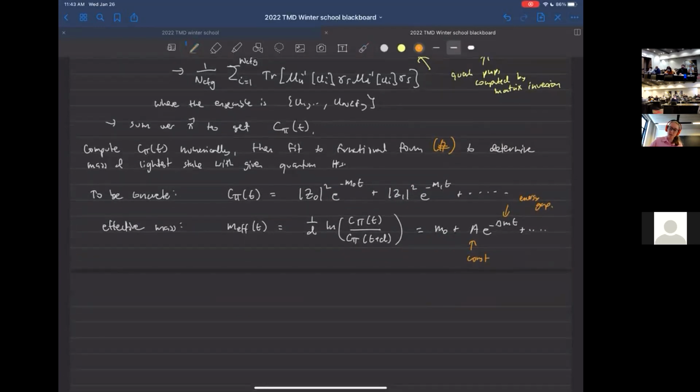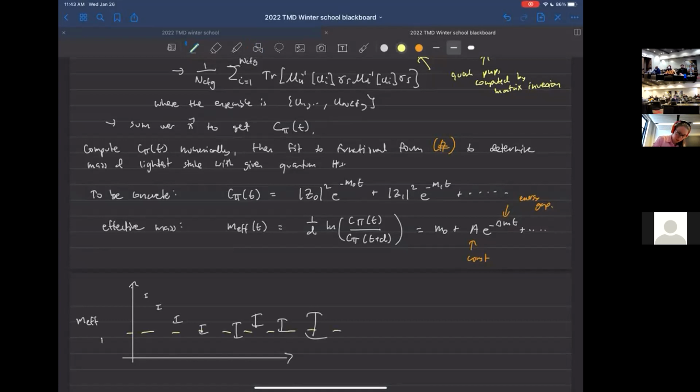So if we see what that looks like, effective mass plots look like this, where you'll have some, so this is m0, this is t, this is the effective mass.